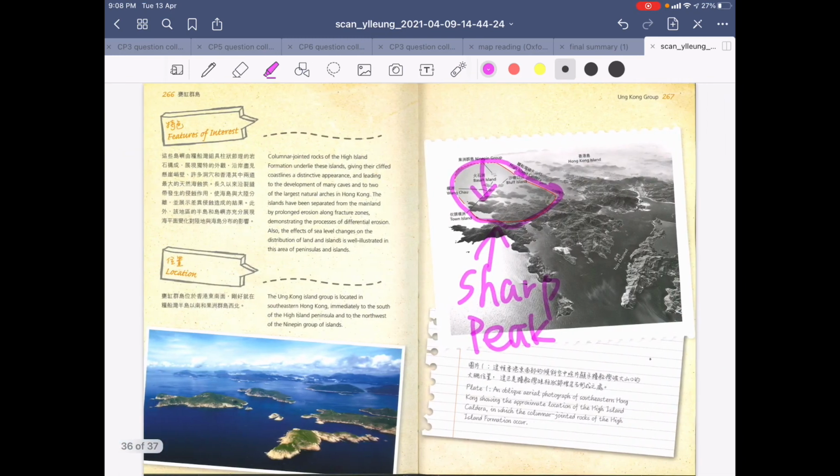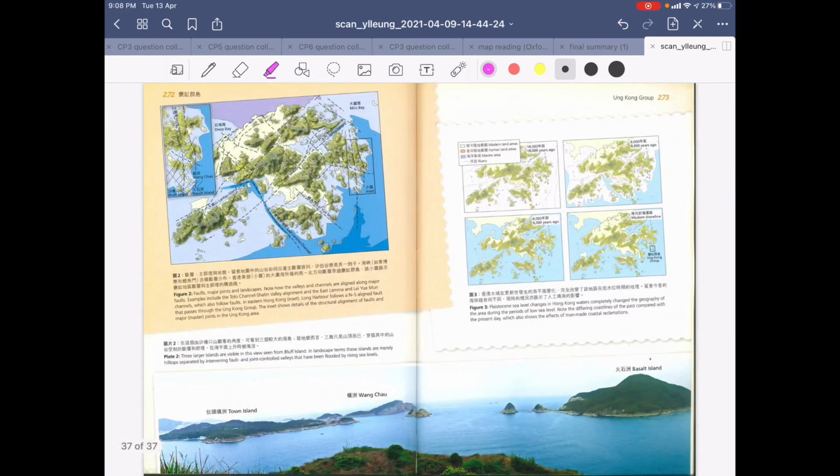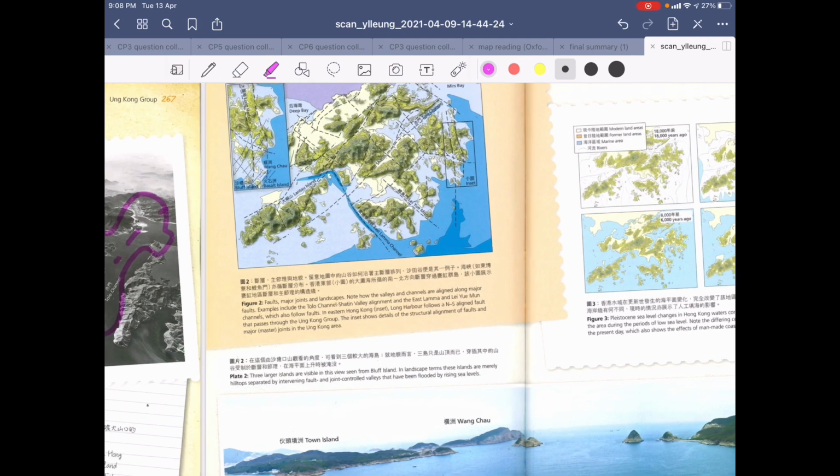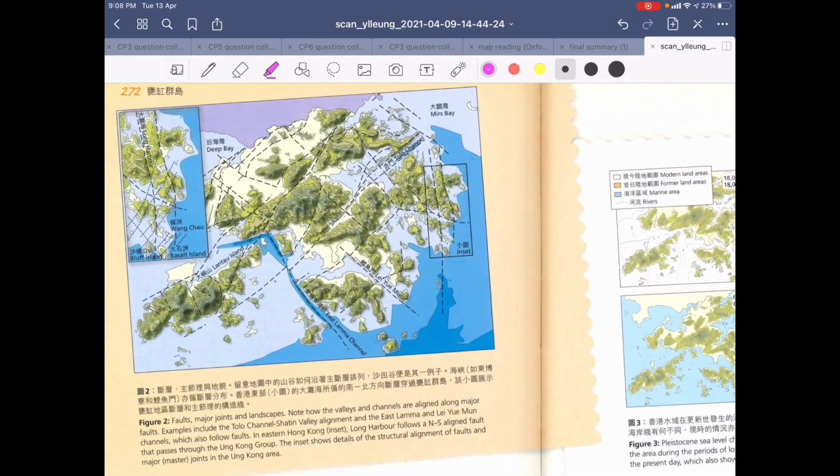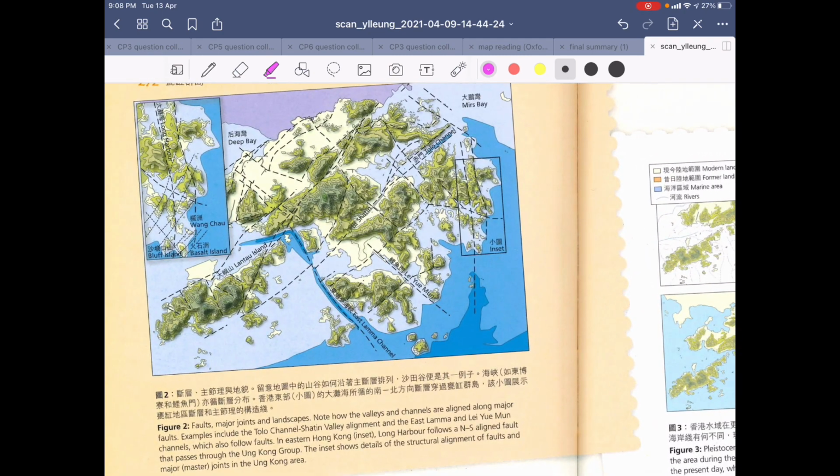Okay, and you can see right here is also Tolo Harbour, and then right here is also having some faulting indeed. Then anyway, you should know about the volcanic rocks, the situation of the volcanic rocks, and also right here is the distribution of the faulting, so you can find it's very intensive.